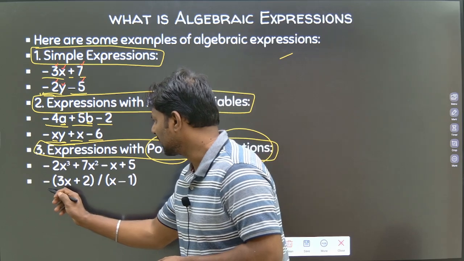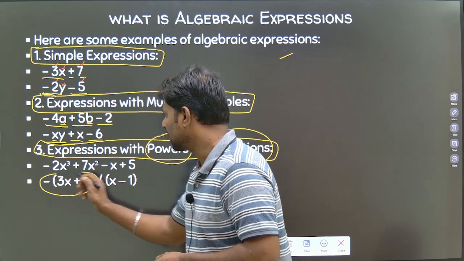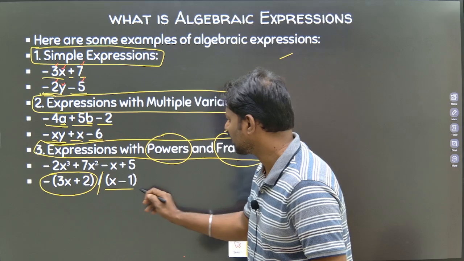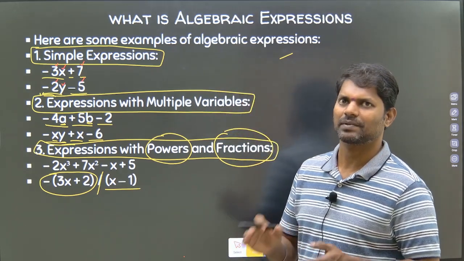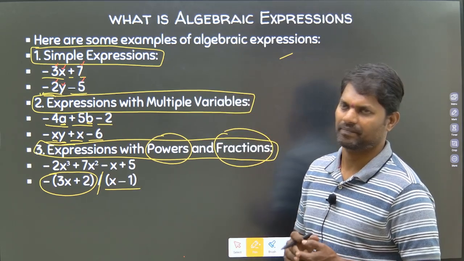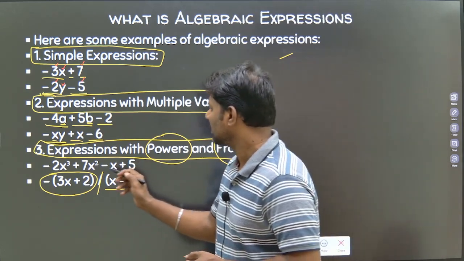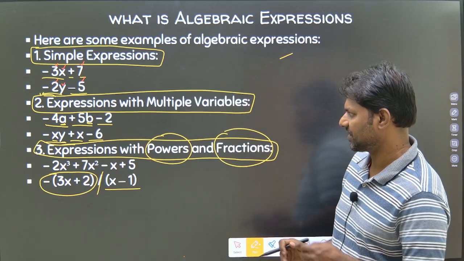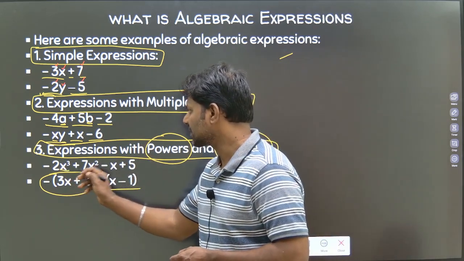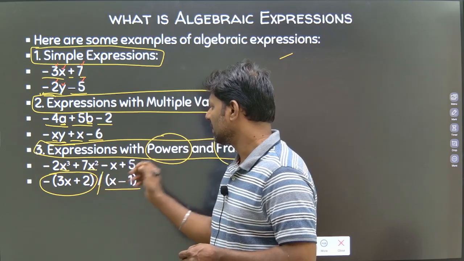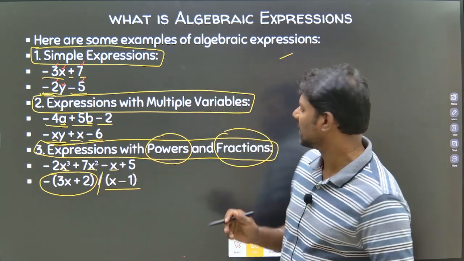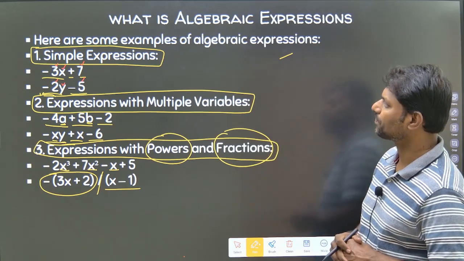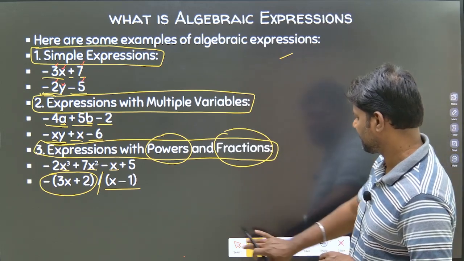If you see this example, this is expression number 1 divided by expression number 2. Such expression contains a fraction. These are the two examples of expression with power and fractions. Here x cube, x square, x terms are there, so it is called an expression with power. So these are the three types of expressions.